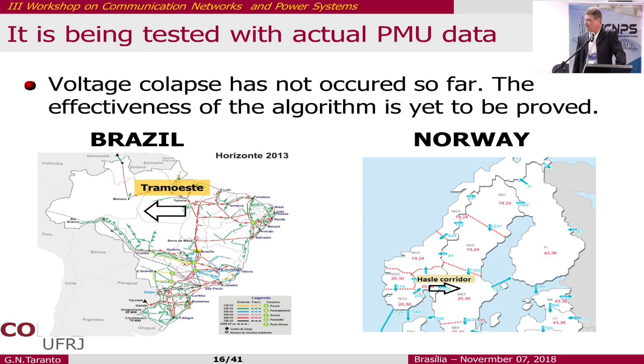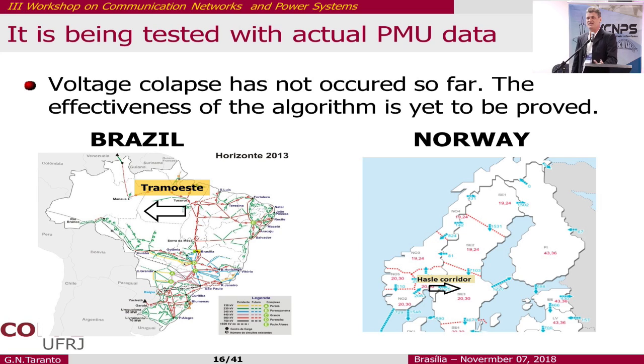And also our colleague Kjetil Uhlen from Norway applied this methodology in what is called the Hasle corridor, which is a corridor that connects Norway and Sweden.